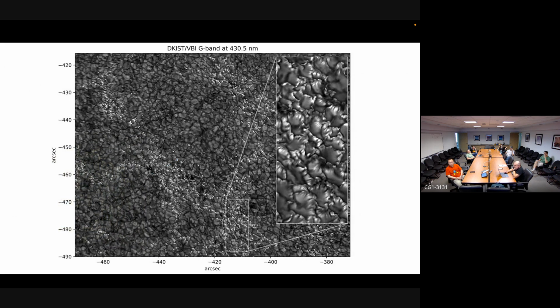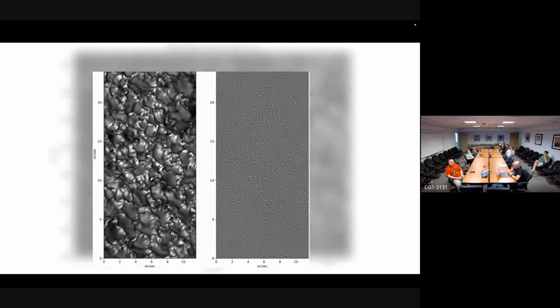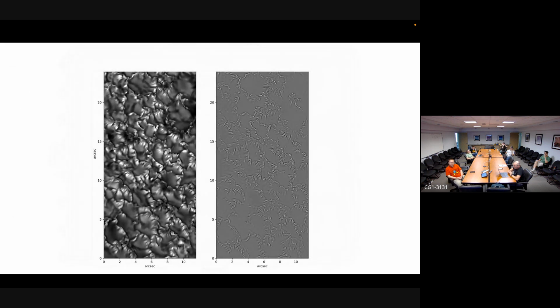Okay, and we can see how well these plage structures are resolved in this observation. The field of view is dominated by bright facular areas, and the zoomed G-band image shows that all facular elements are very well resolved.